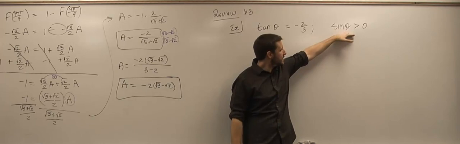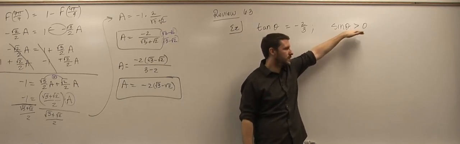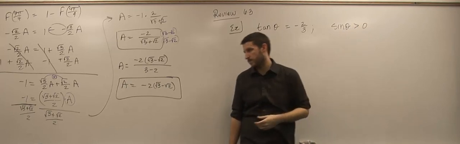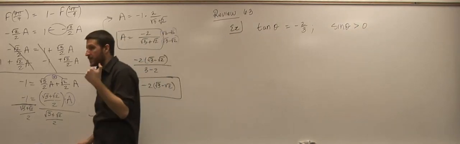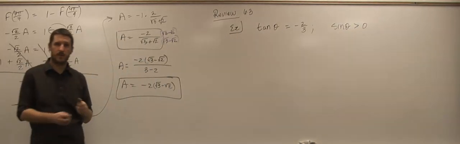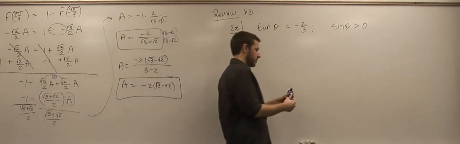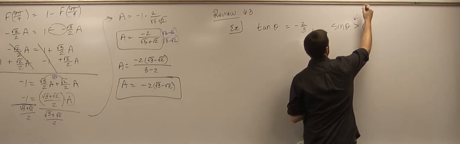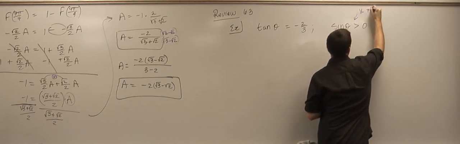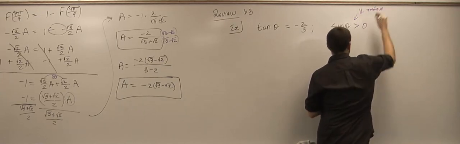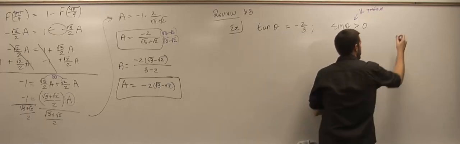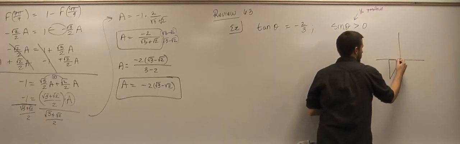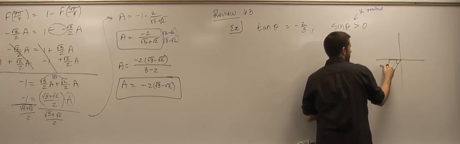So, what does the fact that sine theta is greater than 0 tell you about the quadrant of theta? And why? It says that y is positive. You guys understand that? Okay, so what's the definition of sine theta? At the very beginning when we started defining sine, we said that sine theta was opposite over hypotenuse.